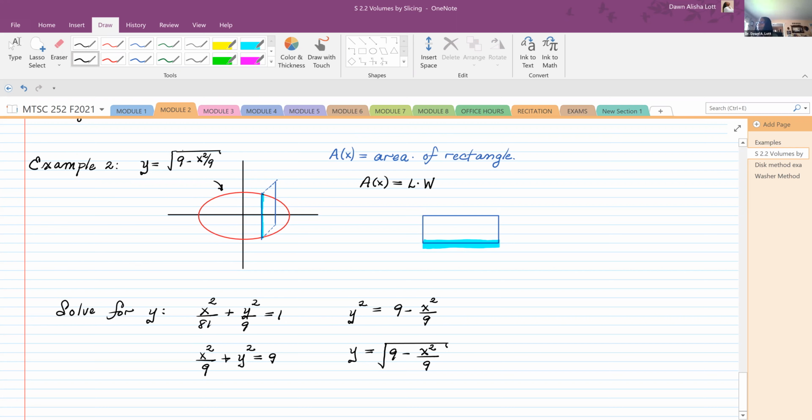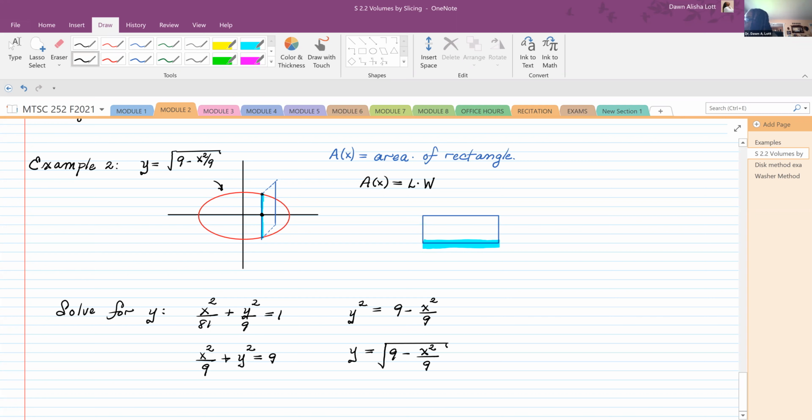Okay, so therefore, if I select the x, so here's the x I'm going to choose, and I choose to go up this high, how long is that distance? Well, that distance is just the y value because that's how high it is.